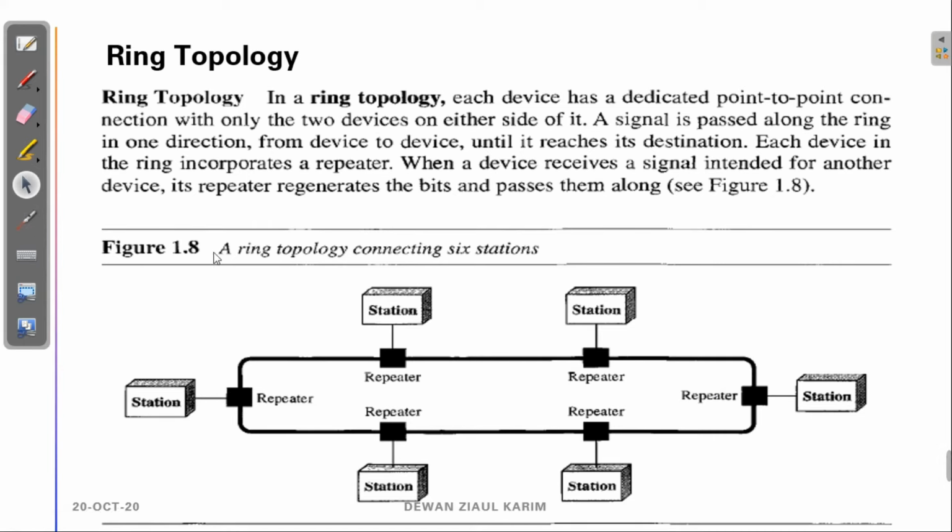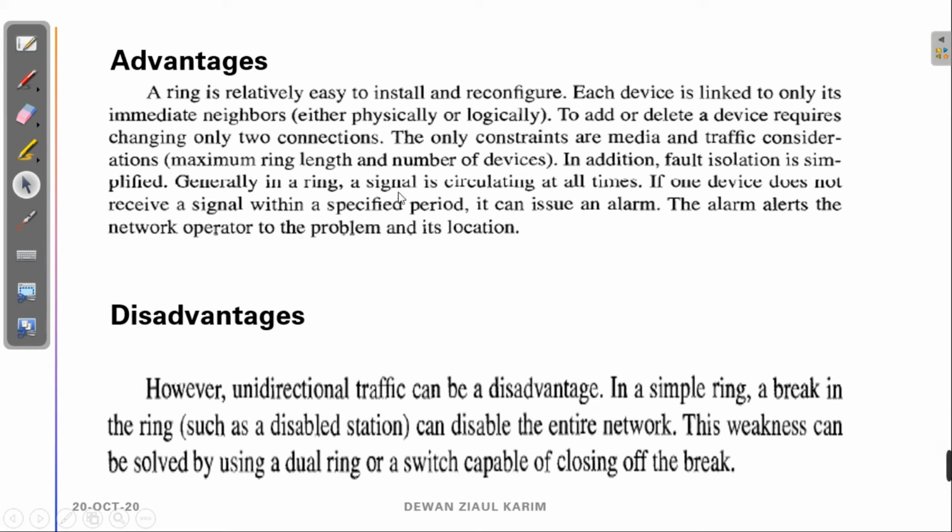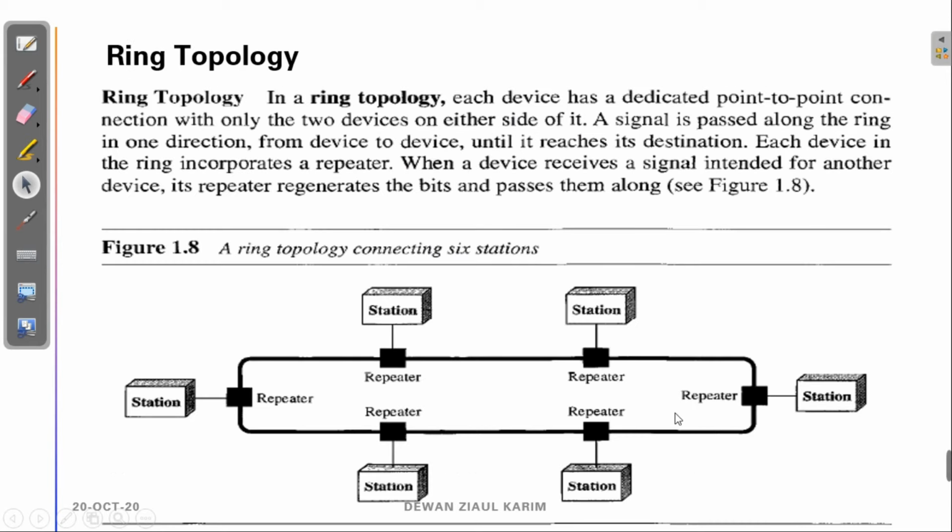A signal is circulating all the time. So if one device does not receive a signal within a specified period, let's say this station at the right over here is not receiving the signal for a specific period of time, let's say 1 minute or 2 minutes, then it will issue an alarm to the whole topology.